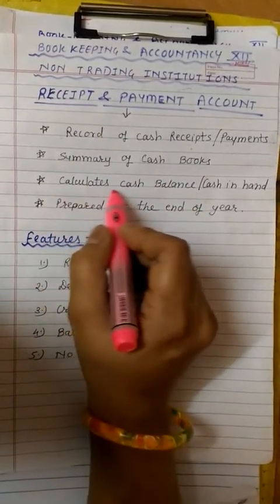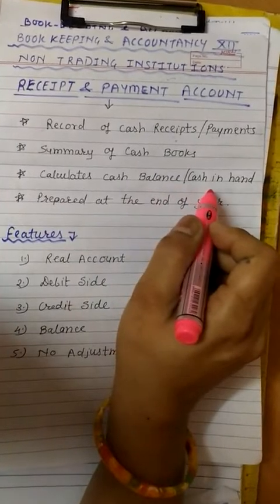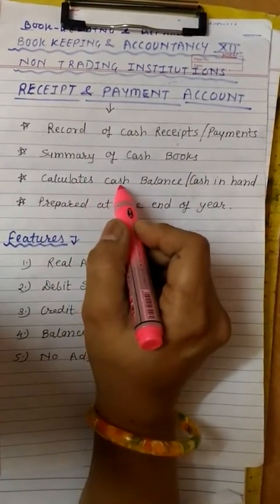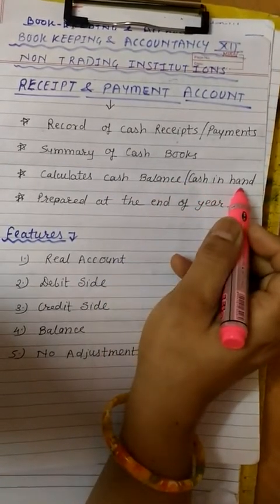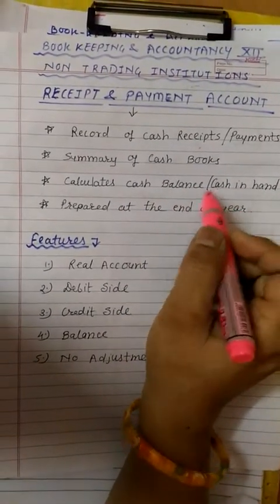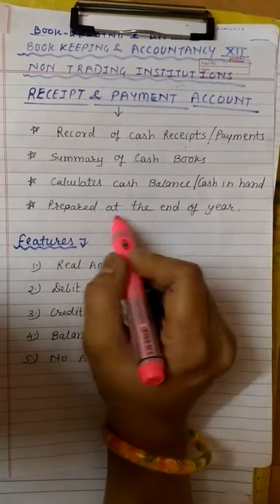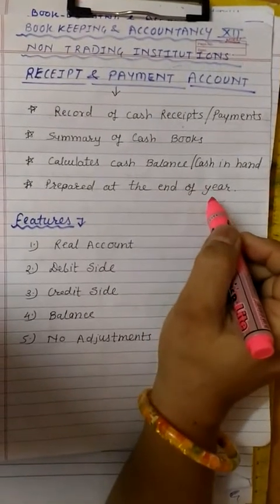It calculates the cash balance or cash in hand, which means the balance of this account is called the cash balance, or cash in hand at the end of the year. This account is prepared only at the end of the year.